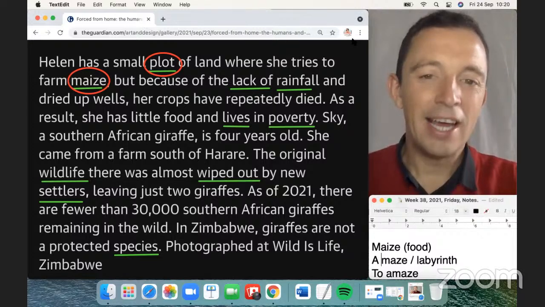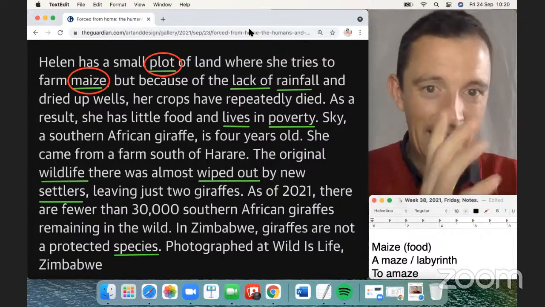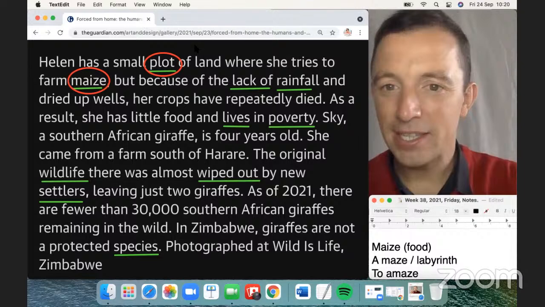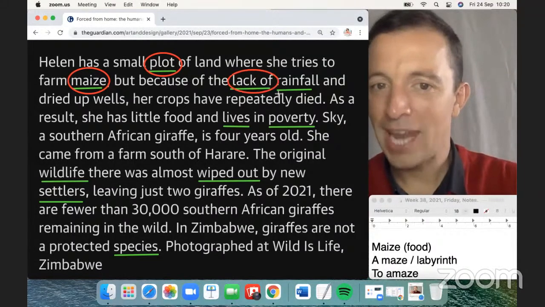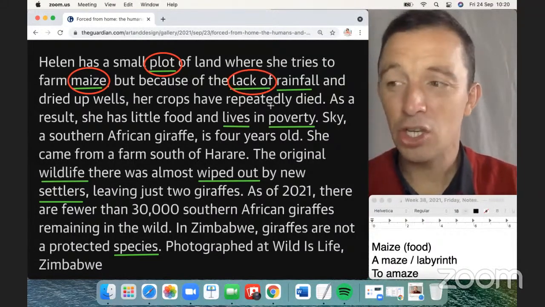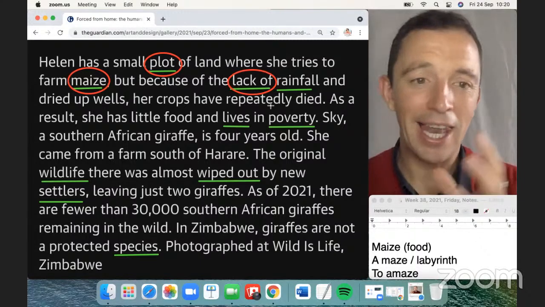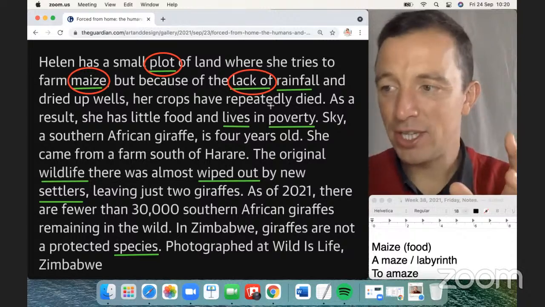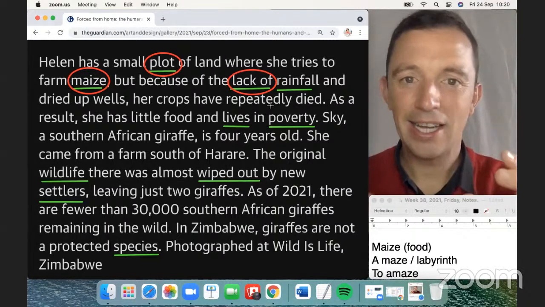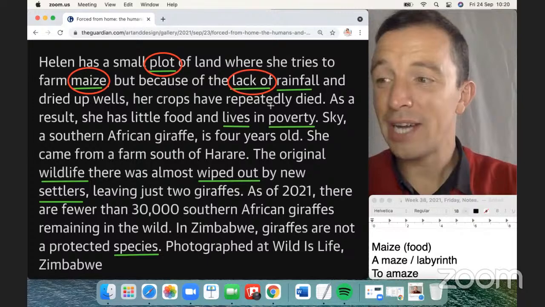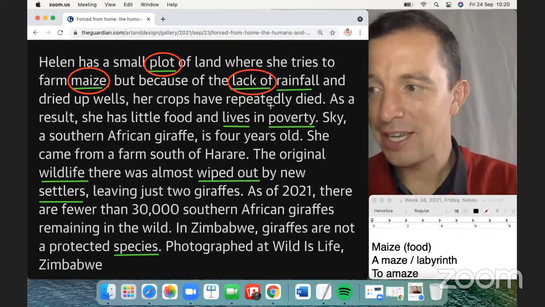Lack is key, very intermediate, very important. Lack of, it means you do not have sufficient quantity. You have a lack of time, a lack of energy, a lack of talent, a lack of ability. You do not have sufficient quantity of ability.